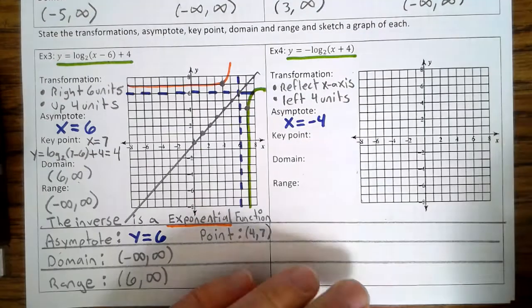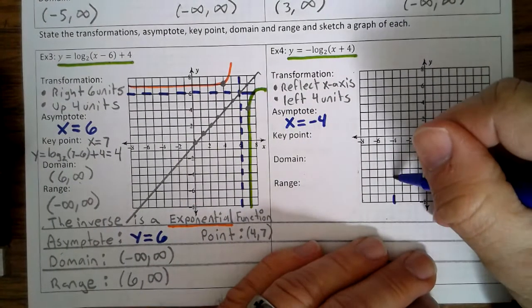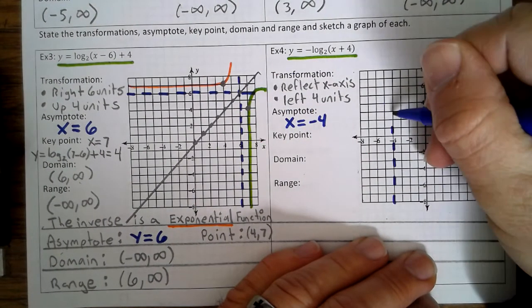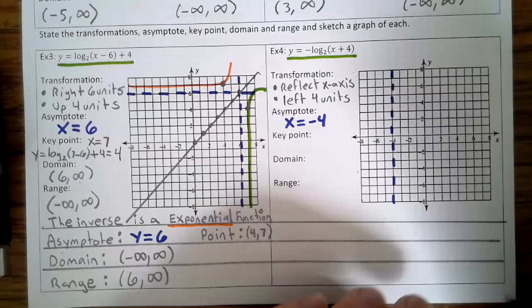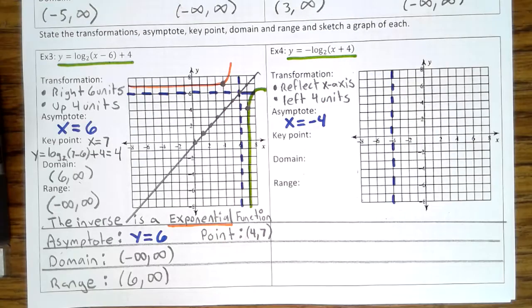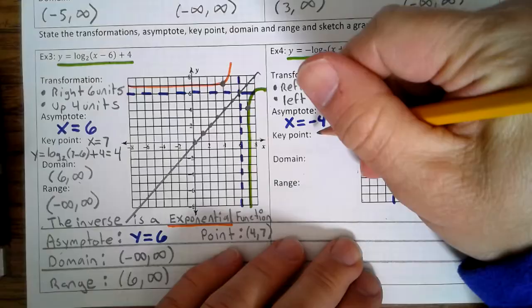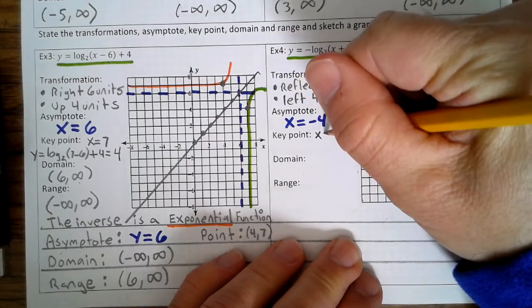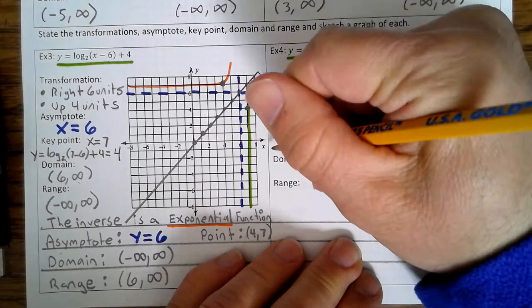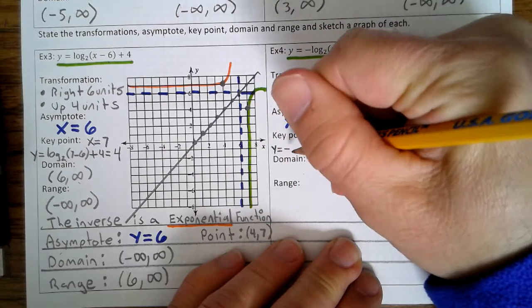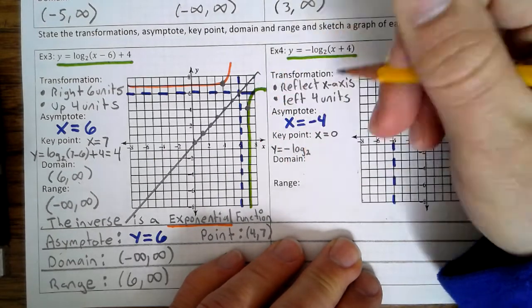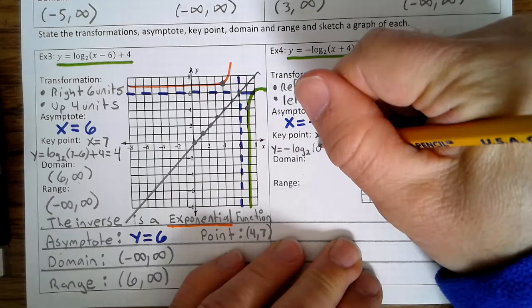Now the key point, we're going to use when x equals 0. So y equals negative log base 2 of 0 plus 4 equals negative 2. So you have a key point at (0, -2).